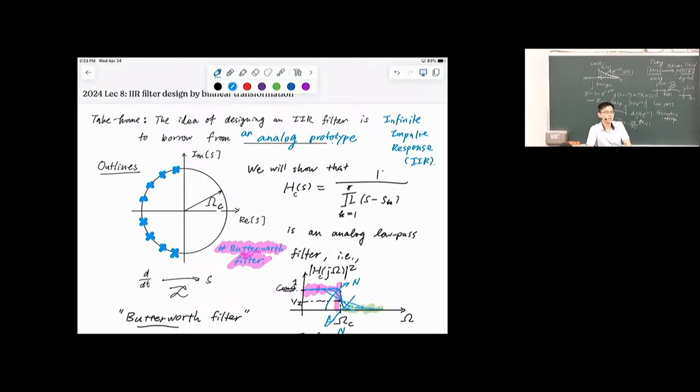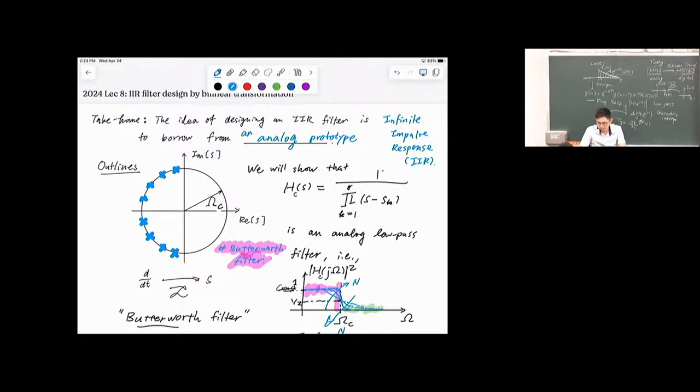Or equivalently, the corresponding difference equation will have feedback terms, so the system's response to the delta function will be sustained indefinitely. Infinite impulse response. And here we are indeed designing systems with poles.